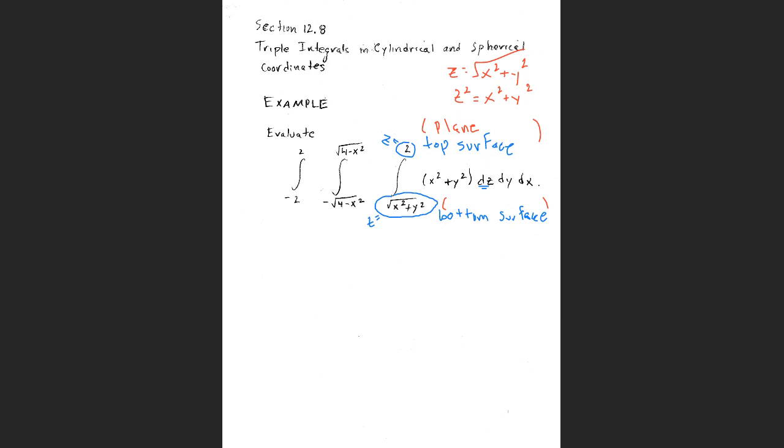What kind of surface is z squared equals x squared plus y squared? Think about section 9.6, table 2, I believe. Begins with a C. Then comes an O. Then comes an N. I hope you can get it now.